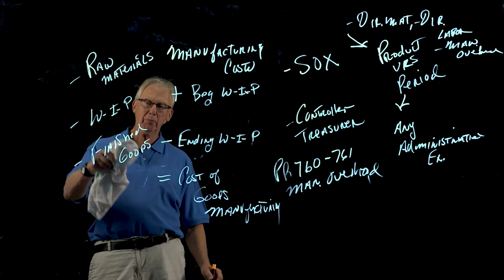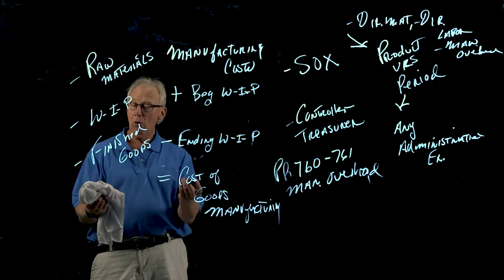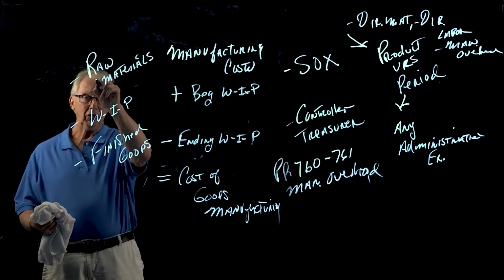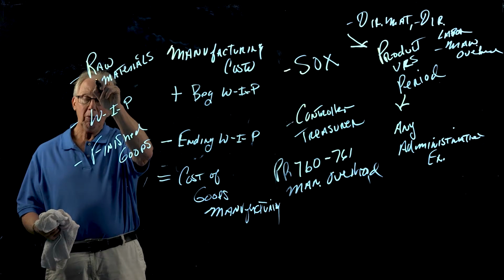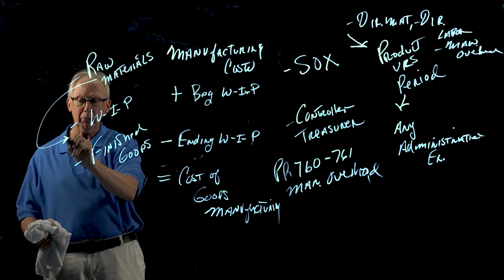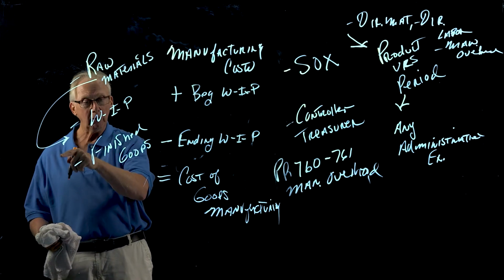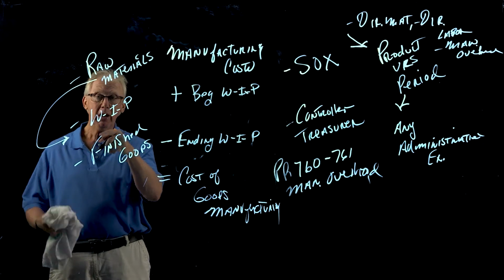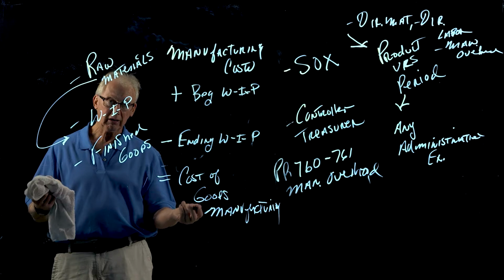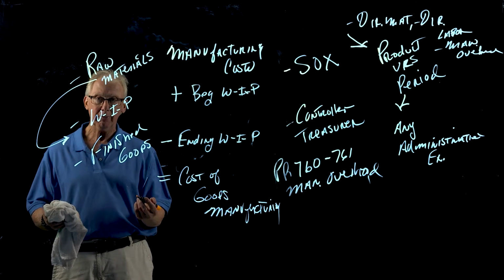Raw materials, work in process, and finished goods. And the flow of cost starts in raw materials, okay? The raw materials used come out of raw materials and go into work in process. The direct labor comes into work in process. That was called wage expense in Accounting 2101. In this class, we call it direct labor.